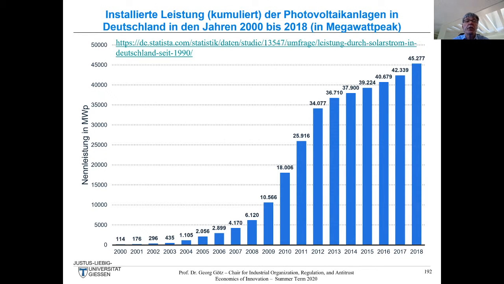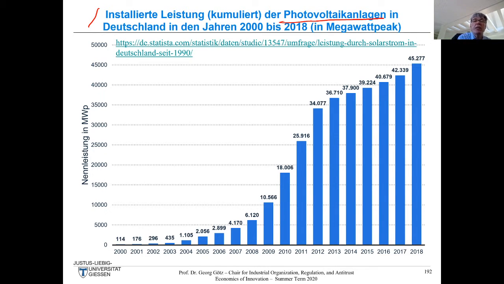What you see here is, in a sense, a more modern technology. I think I put it in German here. It's just the installations of photovoltaics. Solar panels on German rooftops, and here you see this S-shape, and you see it really increased a lot.